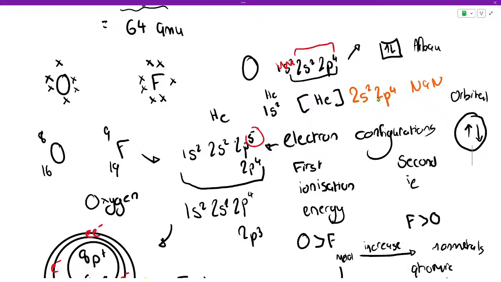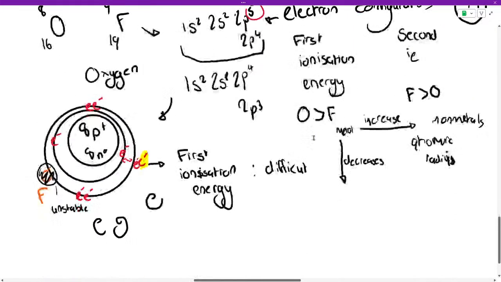Pauli's exclusion principle states that a single orbital holds a maximum of 2 electrons. Hund's rule states that electrons are filled one at a time in each orbital before a second one is placed in.